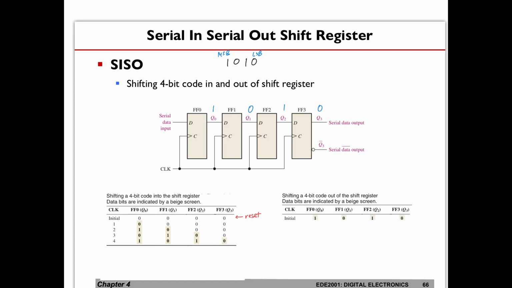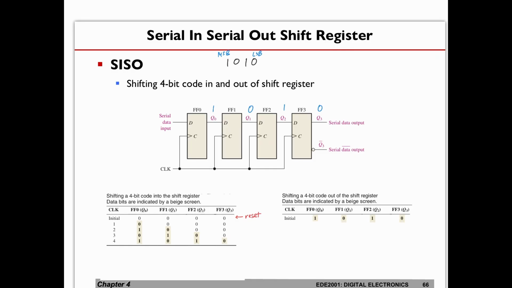So this is the initial state. I have 1010 already stored in each of these D flip-flops. So at the next clock cycle, the output of flip-flop 3 will now take the input which is at 1. Okay, so we have this, right?